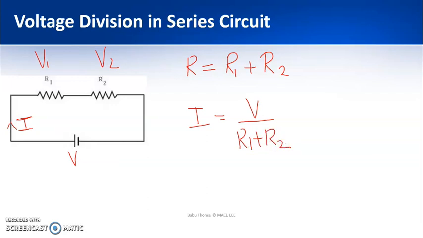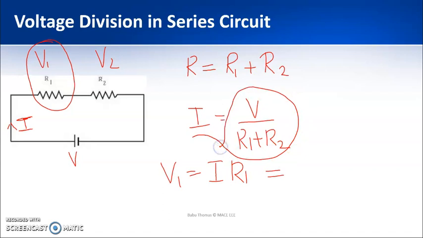Now, the voltage drop V1 across the resistance R1 is V1 equal to I into R1. Therefore, I can write V1 is nothing but, I is V divided by R1 plus R2, into R1.